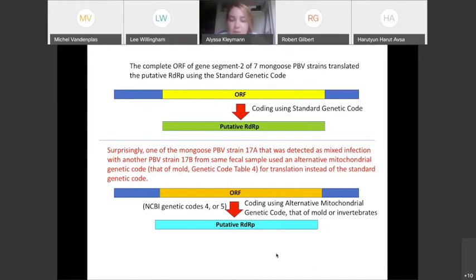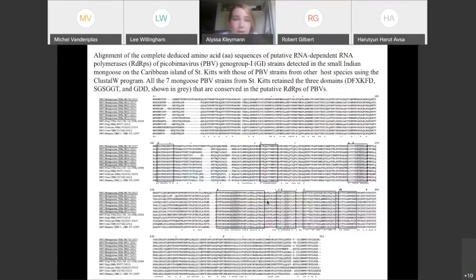And it could use an alternative genetic code of mold or invertebrates for translation of the RDRP instead of the standard genetic code. And this is the multiple alignment of the complete RDRP deduced amino acid sequences of the 7 mongoose PBV strains that use the standard genetic code.